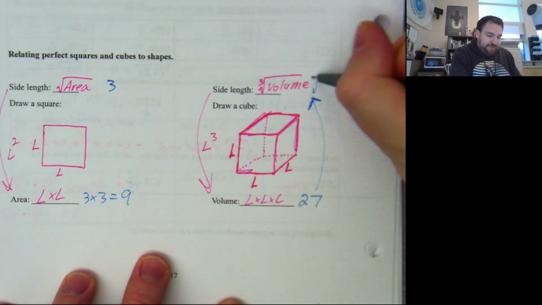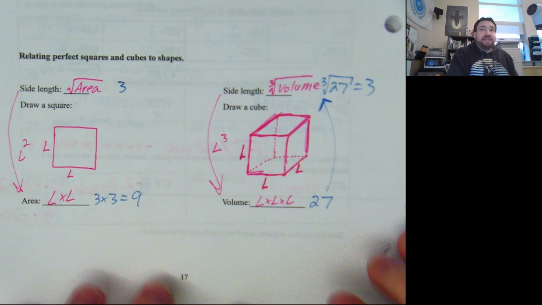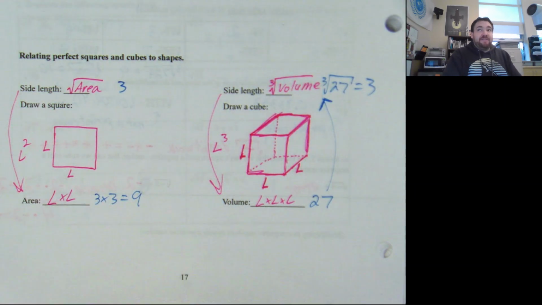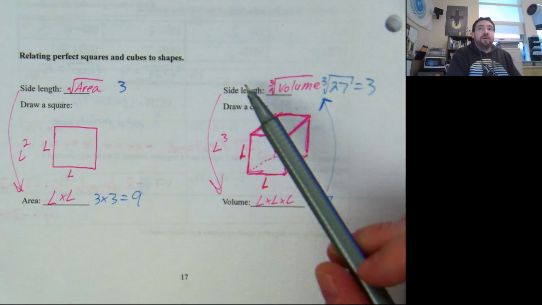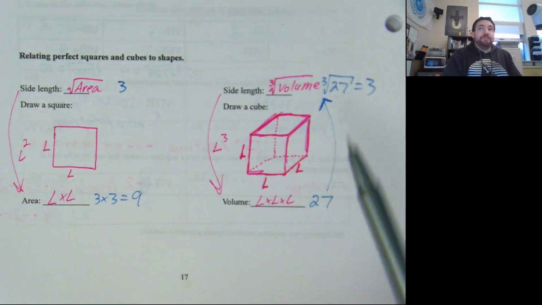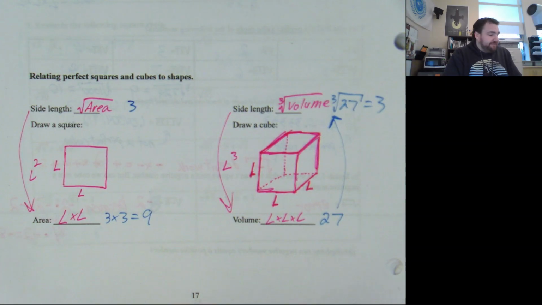So the cube root of 27, we already said, was 3. So this relationship exists that goes back and forth between either length and area or length and volume. And that's it. That's all we're doing today.